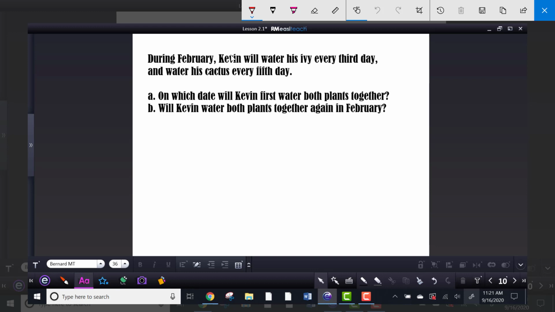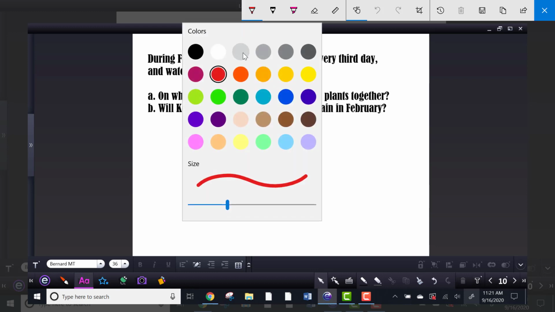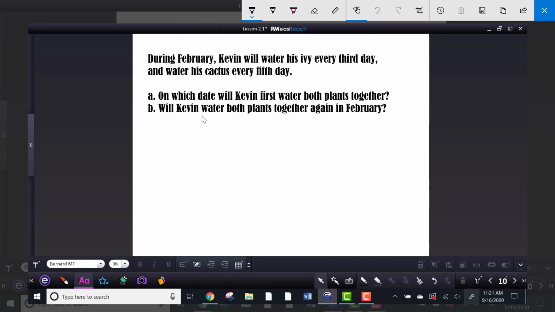We don't know whether it's a greatest common factor or least common multiple story problem just yet. However, when we start looking at the questions, we'll be able to figure it out. It says, on which date will Kevin first water both plants together? So the word first, when you're trying to figure out something together, that means it's least common multiple.